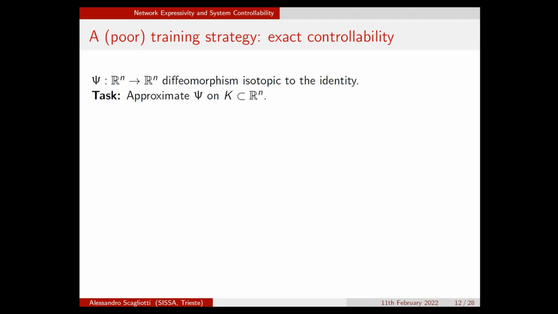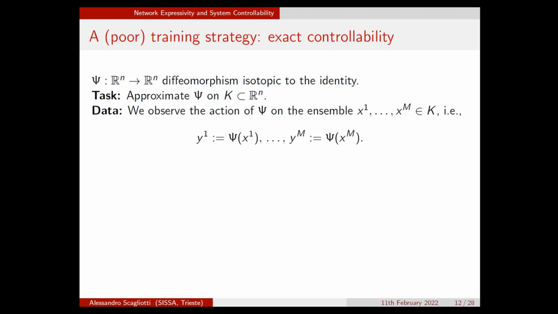The task is to approximate psi on a compact set of Rn, and the approximation will be data driven. So we assume to observe the action of psi on an ensemble of points sampled in the compact set. With this observation, we may define the target ensemble, Y1, Y2, and so on.